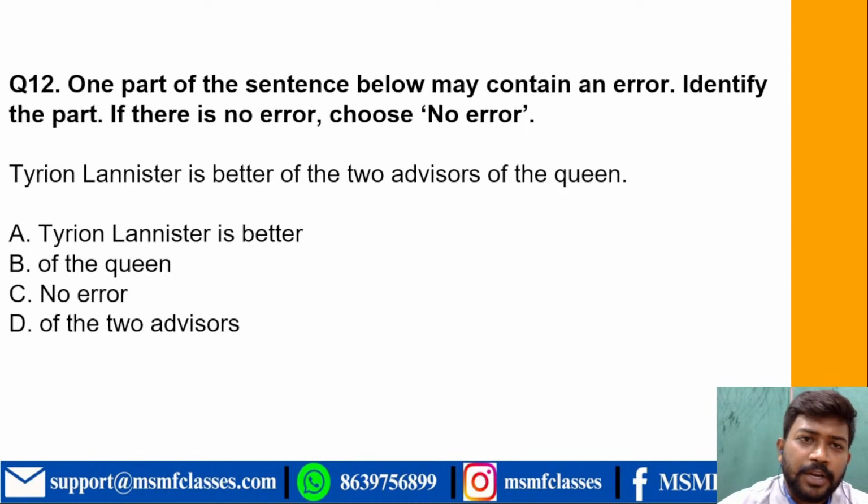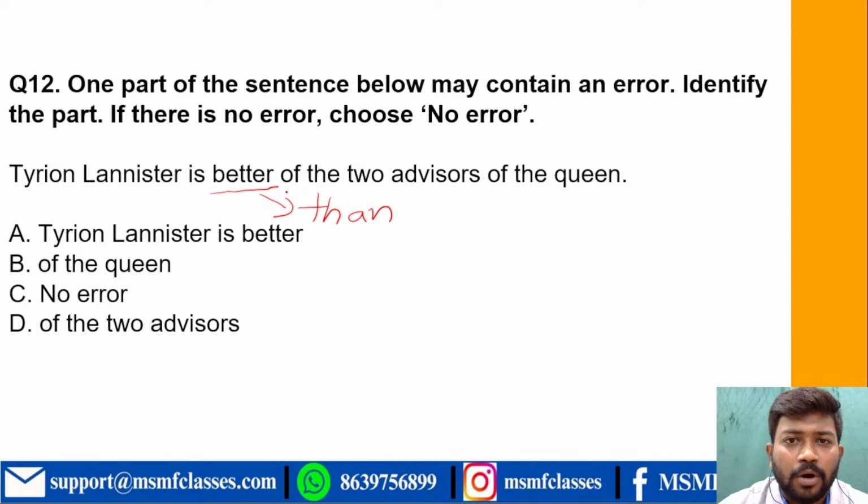Whenever we are using the comparative degree, as I explained in the first or second question, it must be followed by "than" in the place of "of". "Of" should be eliminated. So Tyrion Lannister is better than the two advisors of the Queen. This is the correct answer. So automatically option D becomes the answer.